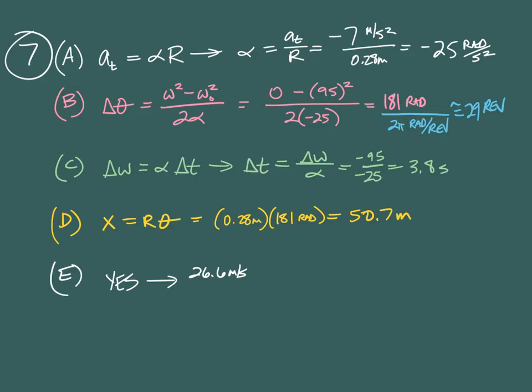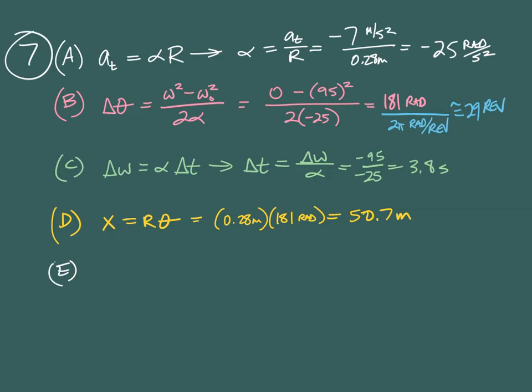Oh, I didn't do the other part of D. So let me back up here. E is what's the car's initial speed? I'm sorry. I'm doing the last part instead of the first.